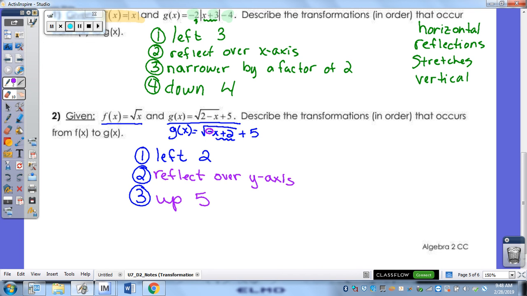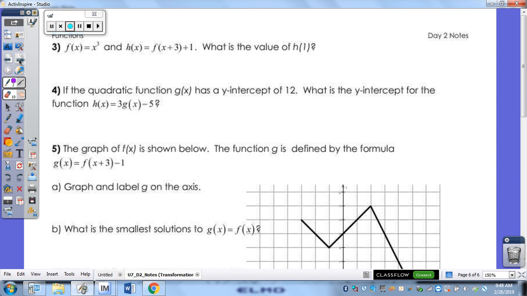All right, so we got a few just to try on the back. So f of x equals x cubed, h of x equals f of x plus 3, plus 1. What is the value of h of 1?